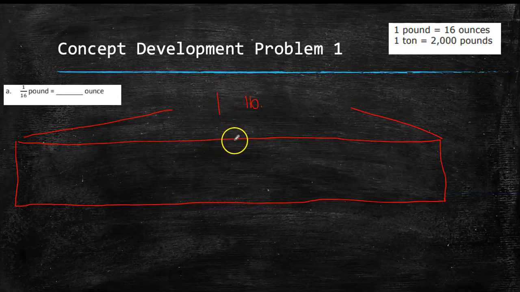Perfect. Go ahead and draw out your 16 partitions as evenly as you can, but I know that it's a little bit difficult. If you need to pause the video to do this, you may, and then push play when you're ready.